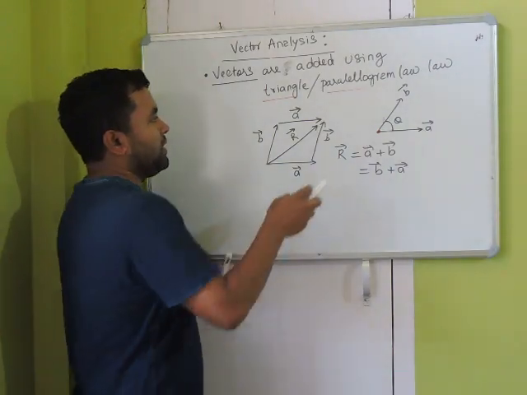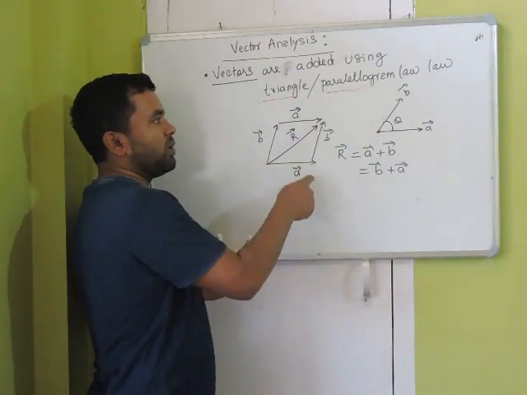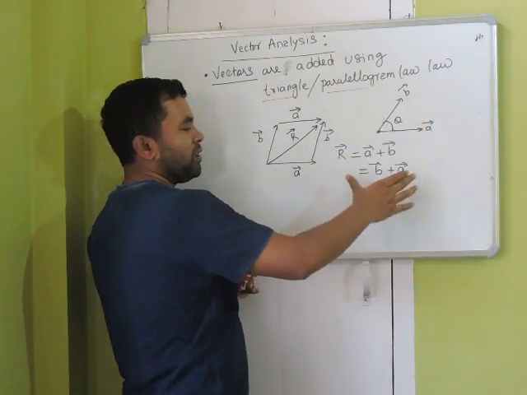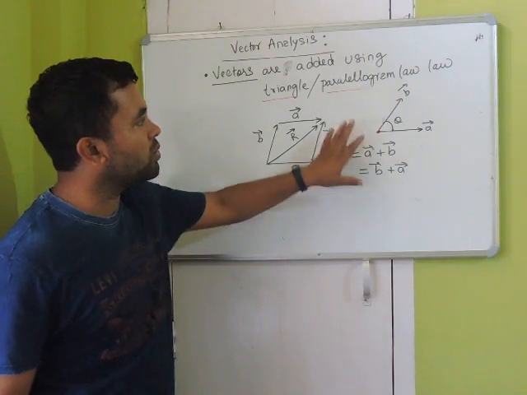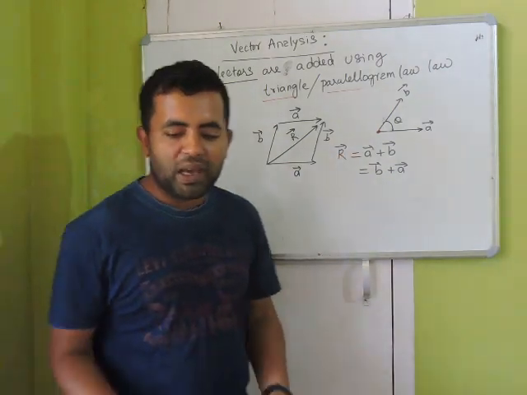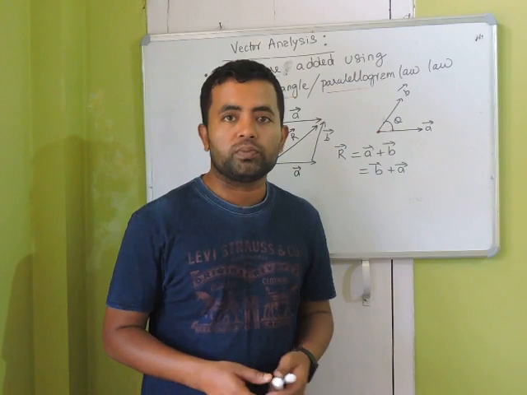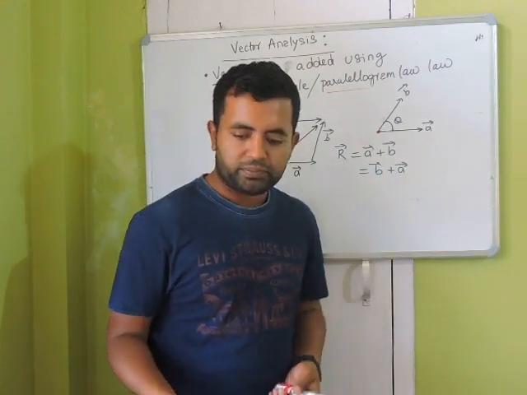So this is called the parallelogram law. Same result I obtained using the triangle law, and I can use the parallelogram law also. Now you may ask, what if I have to add more than two vectors, right?